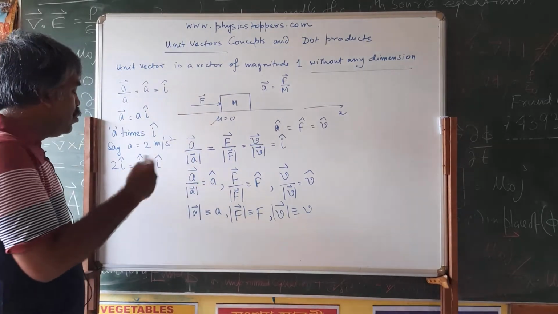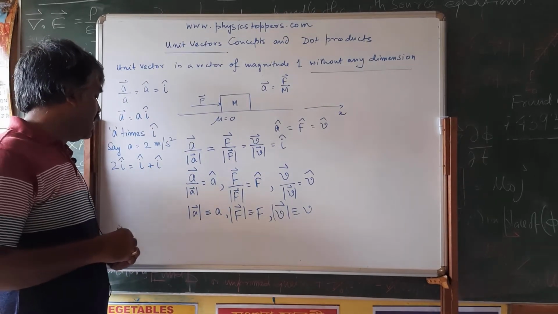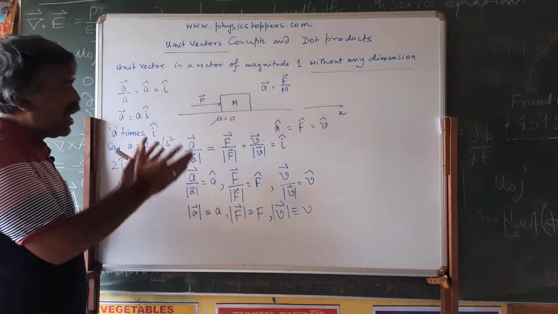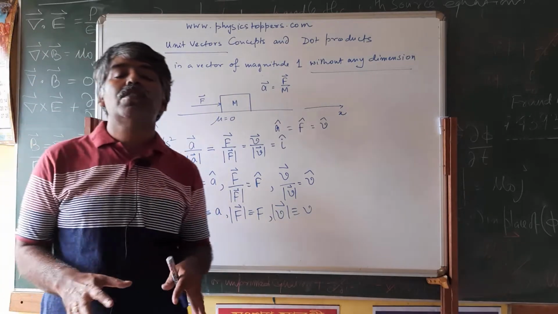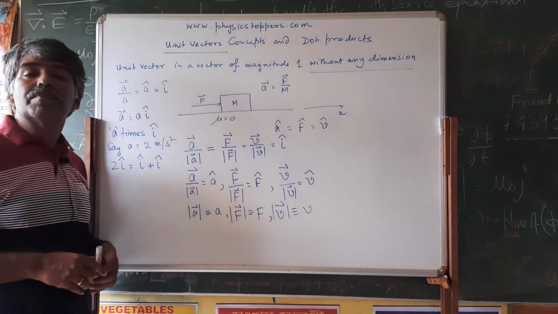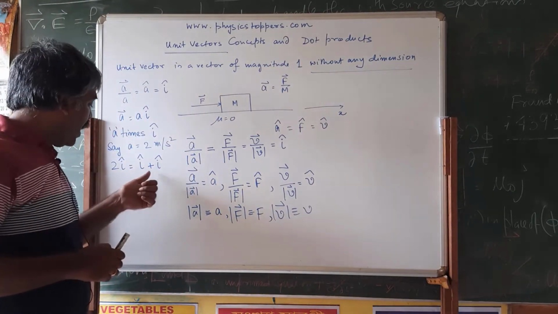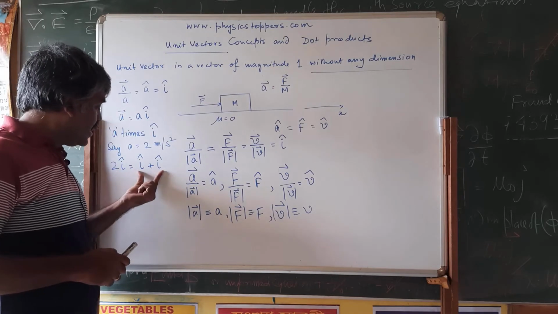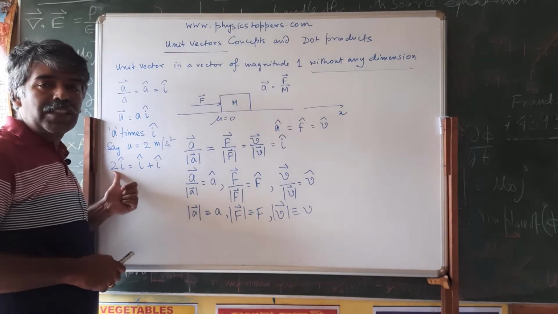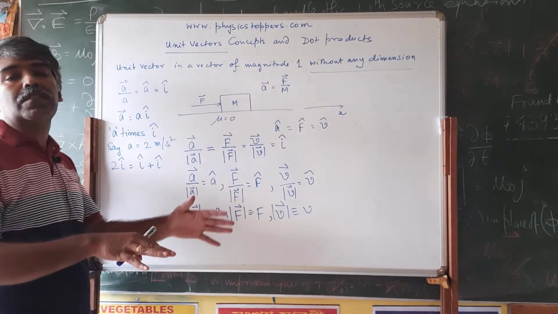When you grow old or you learn the language of vector space, you will understand that this i cap, j cap, k cap are members of a vector space, and this addition is a vector space addition. Fine. But this can be written as 2 times i cap. This 2 is not a member of a vector space. It's a field member on which the vector space is defined.